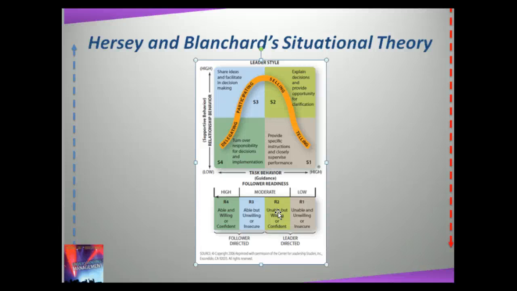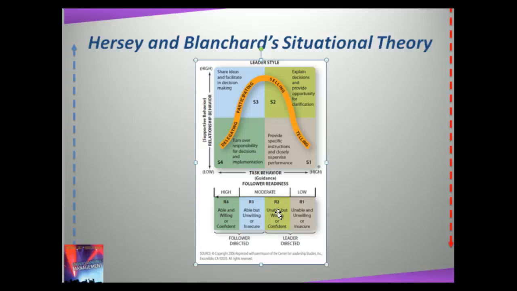So as shown in the exhibit, the selling style is effective in this situation because it involves giving direction, but also includes seeking input from others and really clarifying tasks rather than simply instructing that they should be performed.